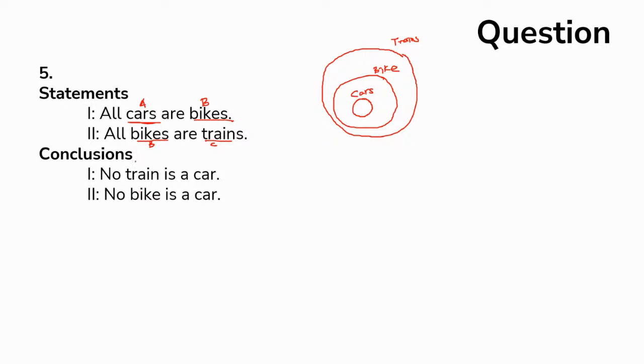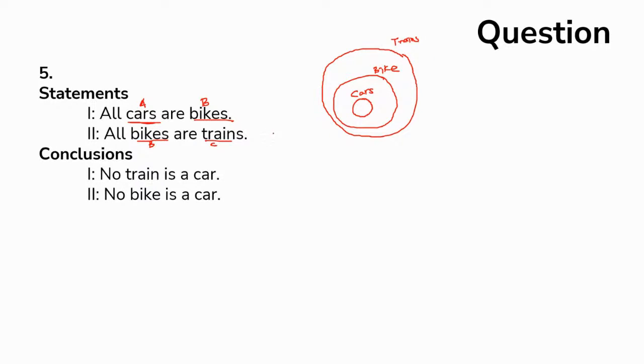And based on that, we are going for the conclusions. So, no train is a car. That means there shouldn't be any connection between the train and the car. Is it like that? From the statements, we can say some cars are trains or all cars are also trains.